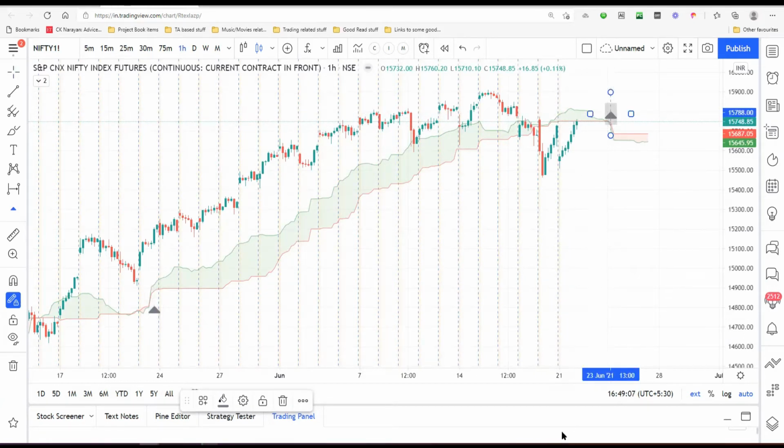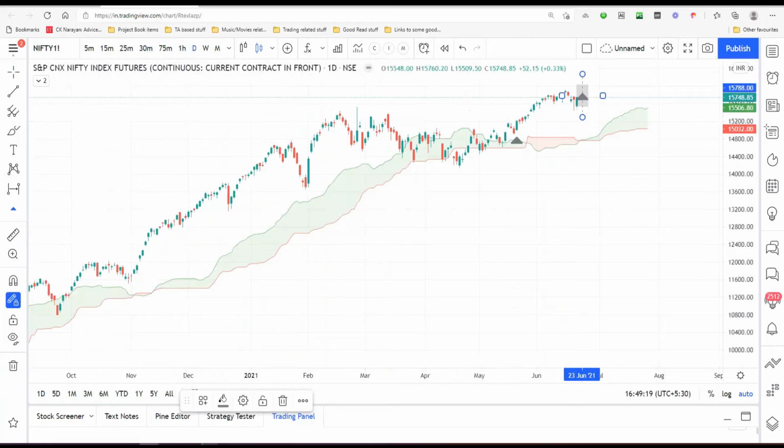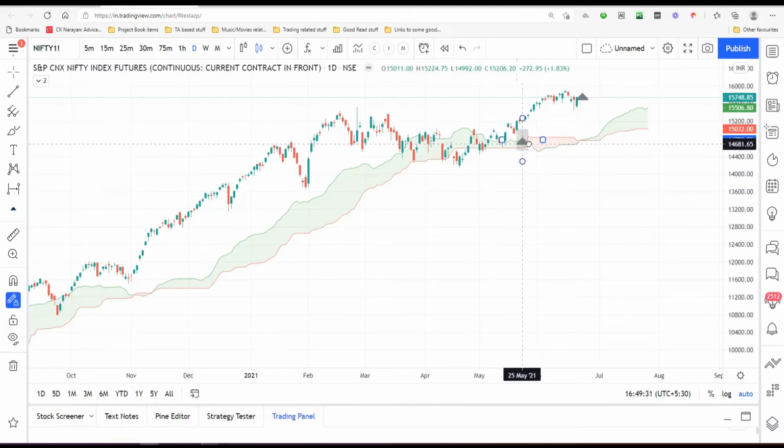So this is what it says in the 60-minute chart. Similarly, you can find Kumo twists in the daily charts. The Kumo bearish in the daily is also somewhere nearby. If you take this out here, then you have a Kumo twist here.